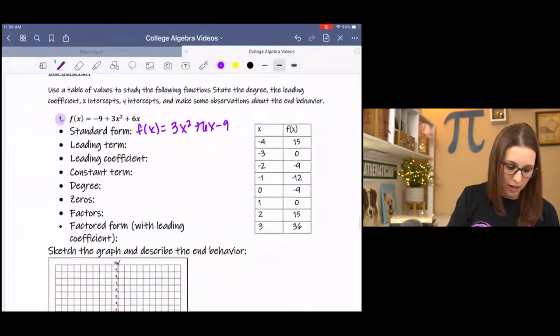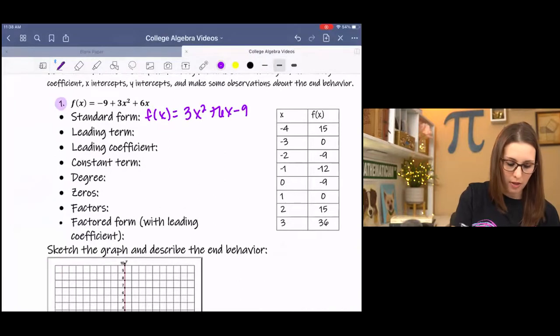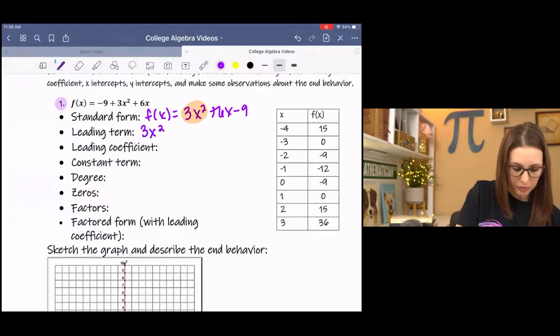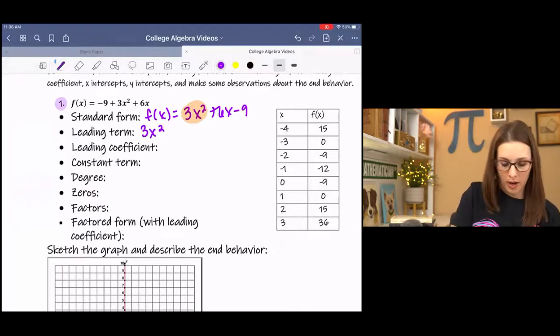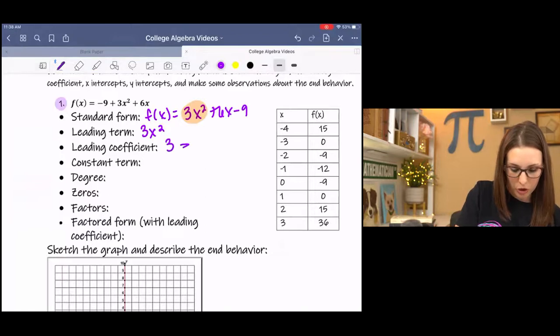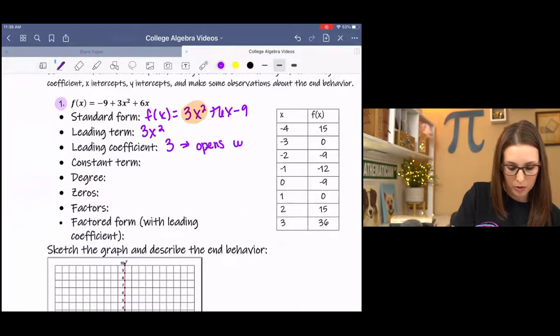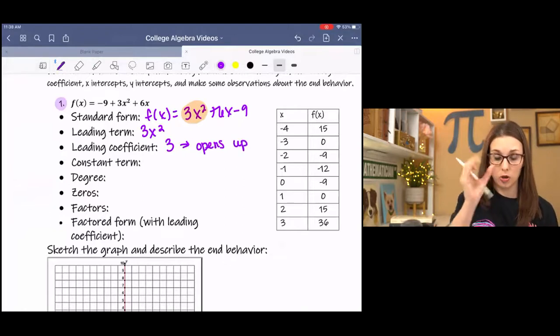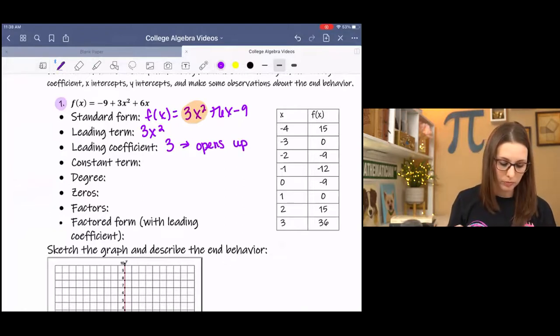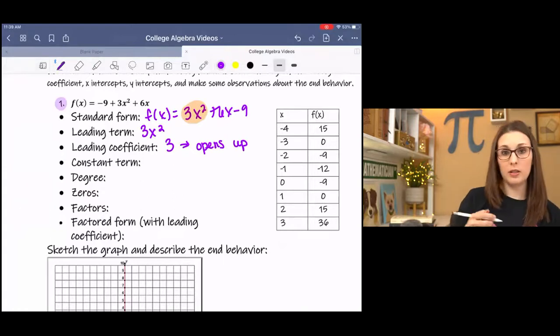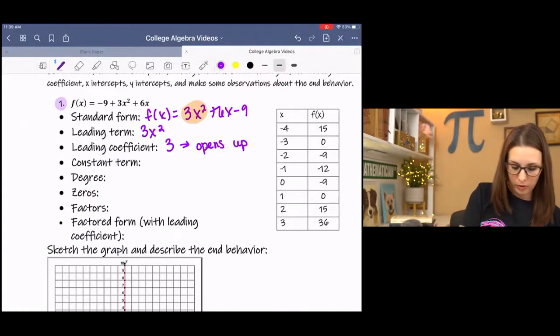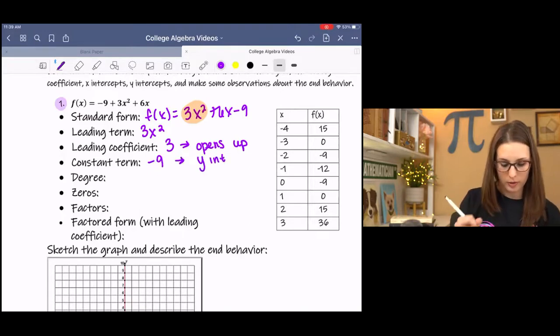So the leading term of this function is the term with the highest exponent. The coefficient on that term is a positive 3, which indicates that this graph is going to be opening up because it's positive, so it's going to be a U-shaped graph. The constant term is the term with no variable, and this is going to be your y-intercept.